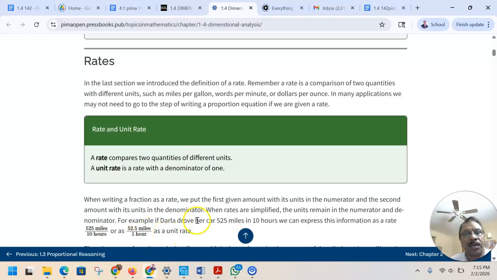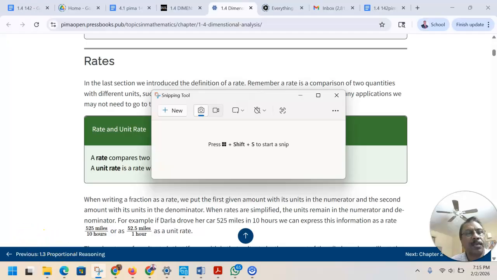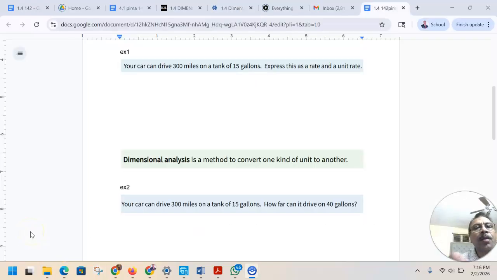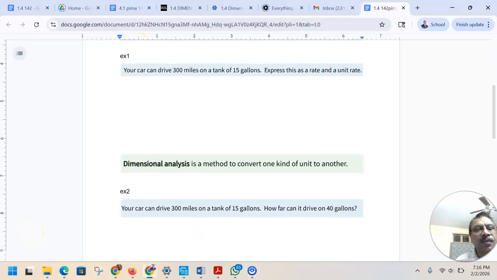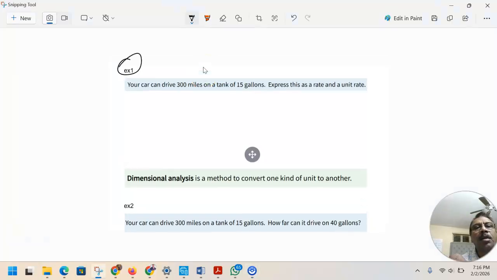So we'll go directly to the problems. In your packet, you can see the first one, example one: your car can drive 300 miles on a tank of 15 gallons.